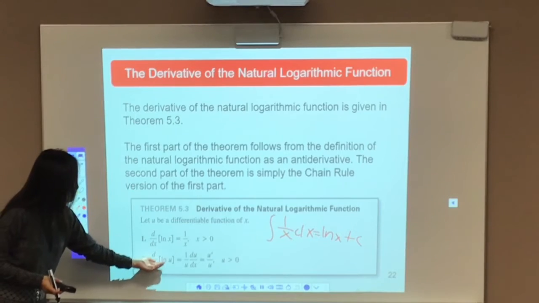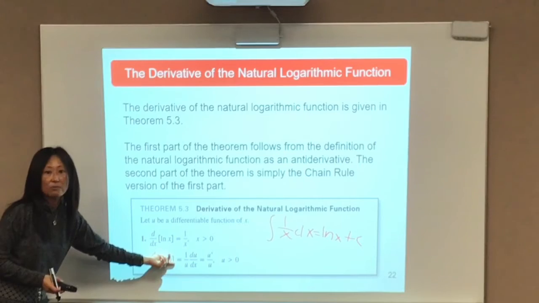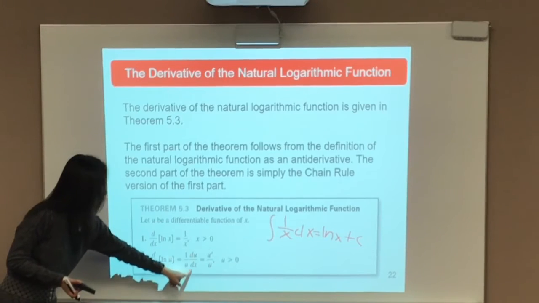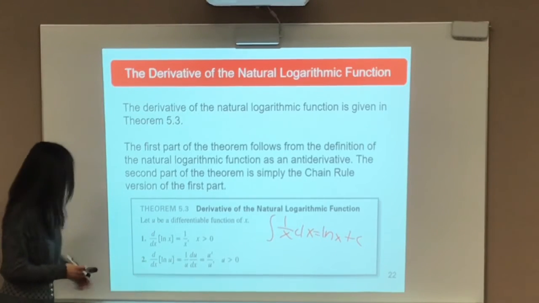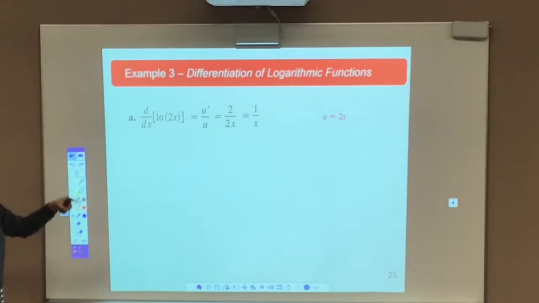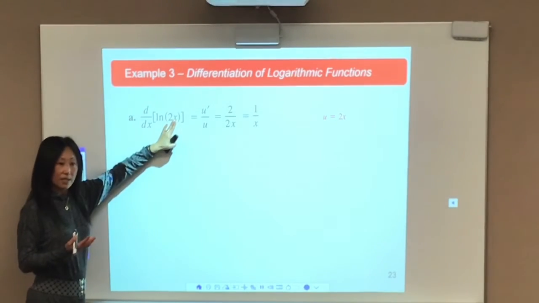And derivative of natural log of u, okay, u means chain function. Remember the composite function? Those composite functions, you do what? 1 over u, and then take a derivative of this u. I'll give you an example. All right, if I give you this problem, natural log of 2x, you gotta take a derivative of this. Are you with me, class?